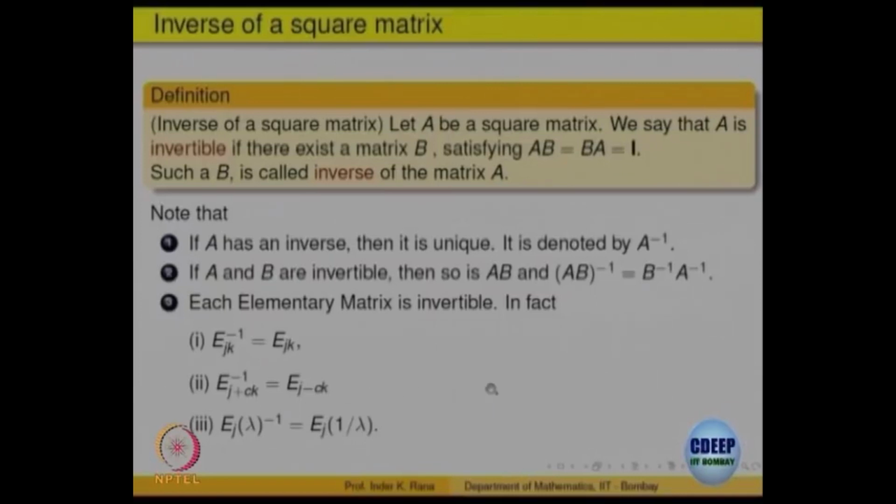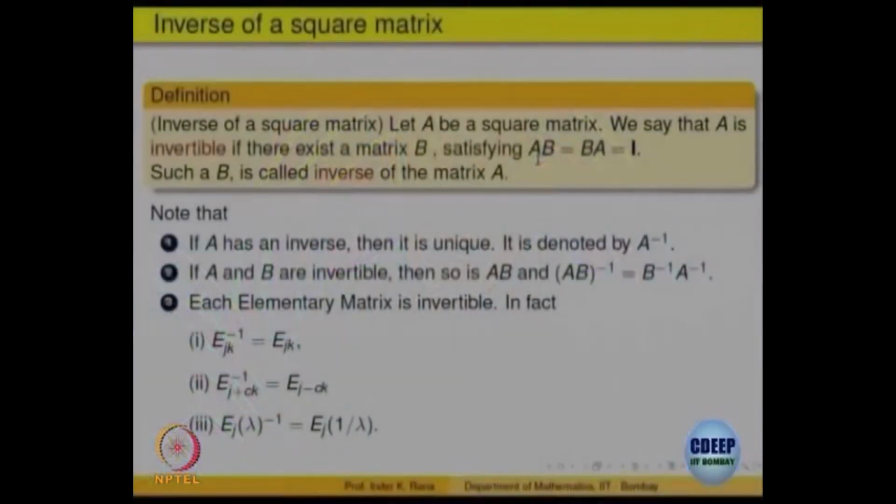So, these are inverse operations. All elementary matrices are invertible matrices, and keep in mind our definition of invertibility: there is a matrix B so that A into B is the same as B into A, which is equal to identity. Later on we will see other definitions of invertibility also, but we are starting with a definition like that for numbers: for every non-zero number alpha there is an inverse 1 over alpha, and alpha times 1 over alpha equals 1 over alpha times alpha equals 1.